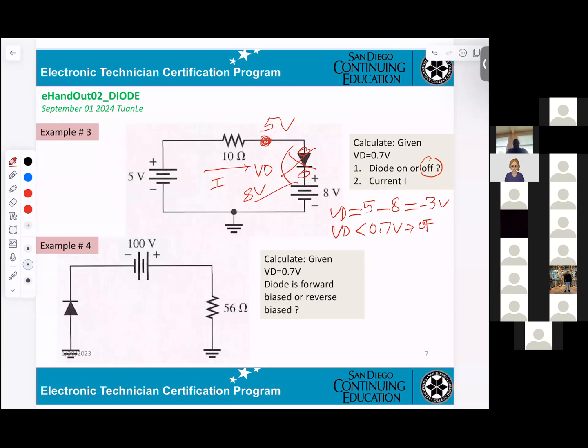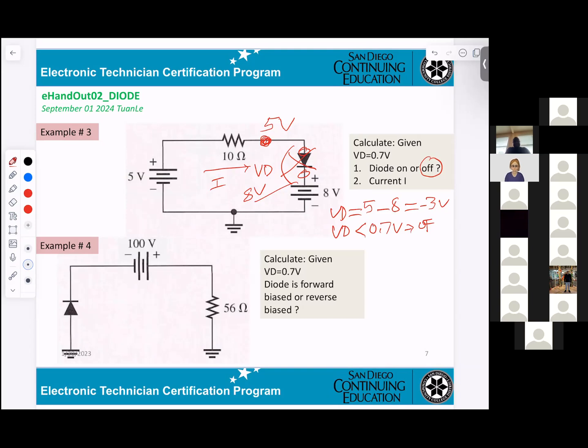If you want to set the diode on or off depending on the VD, VD higher than 0.7 volt, diode on. If you say diode on, now you have to substitute the diode by the battery with the value 0.7 volt.